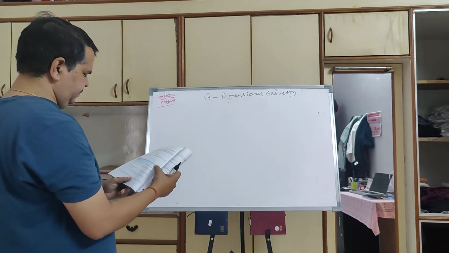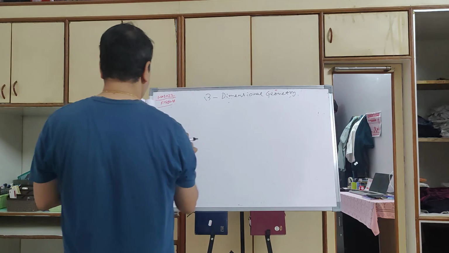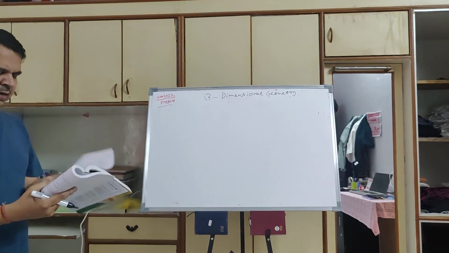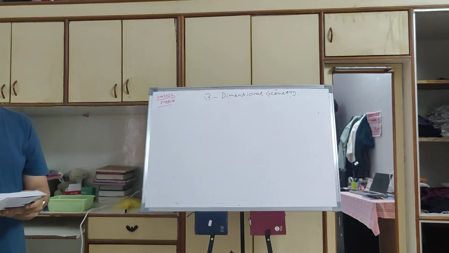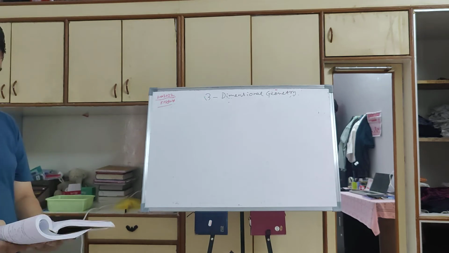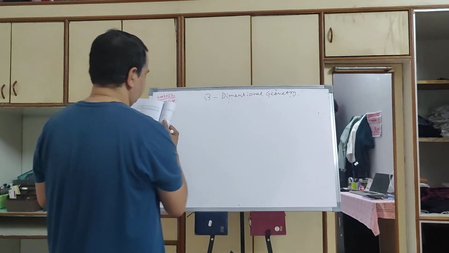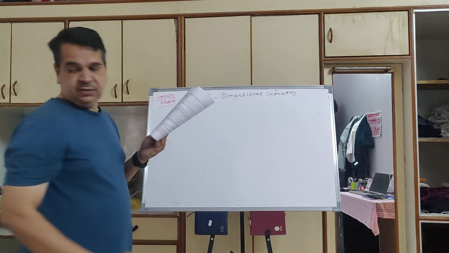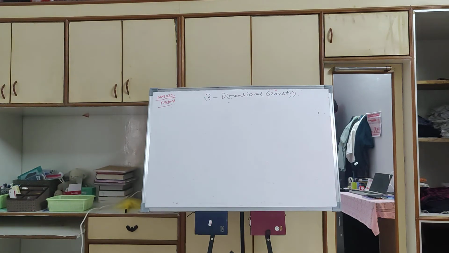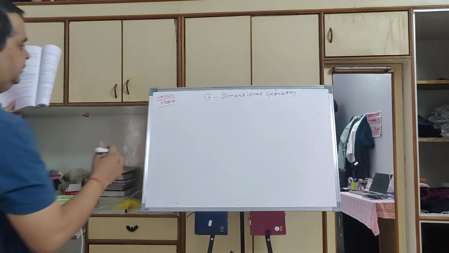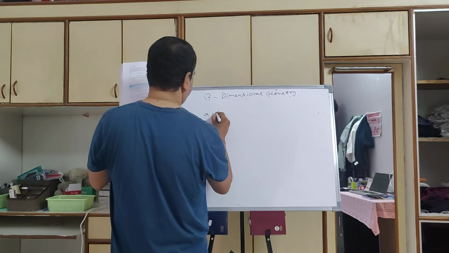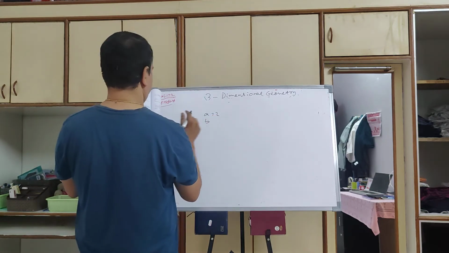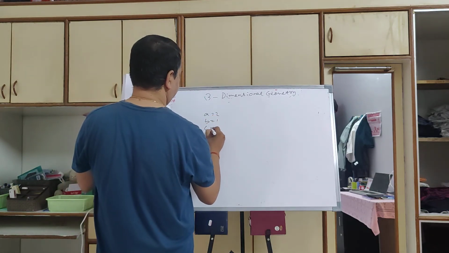The question is: if a line has direction ratios A, B, C equal to 2, minus 1, minus 2, determine its direction cosines. So A is 2, B is minus 1, C is minus 2.